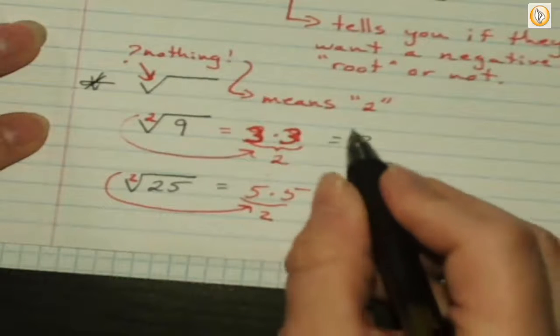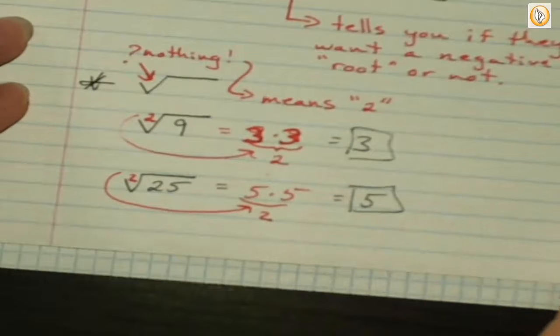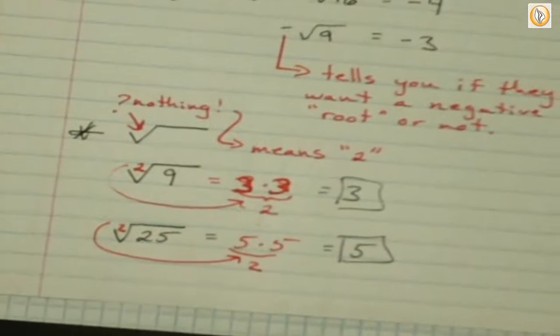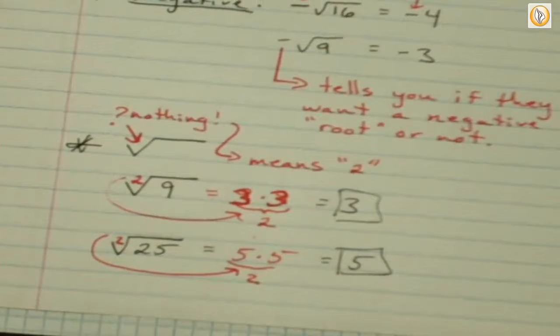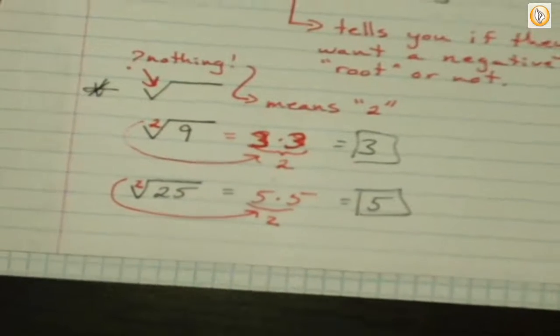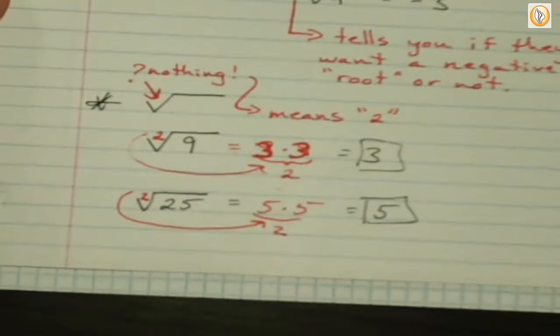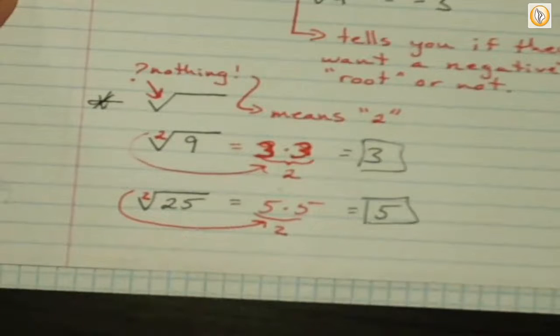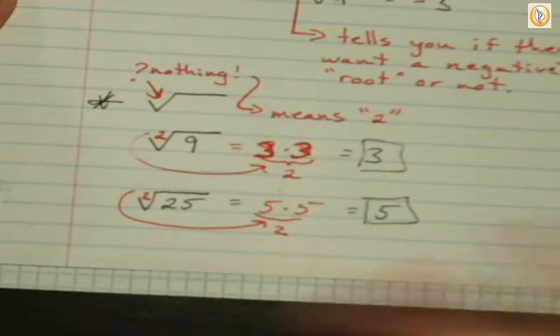This is pretty cool. Does everyone see that? When there's nothing there, y'all have been taught all this time that it's a perfect square. It's always what number times itself gives you that number.